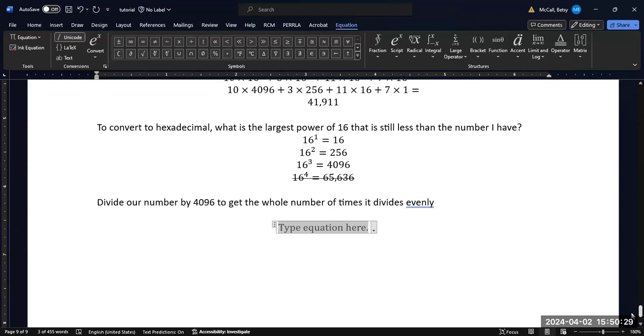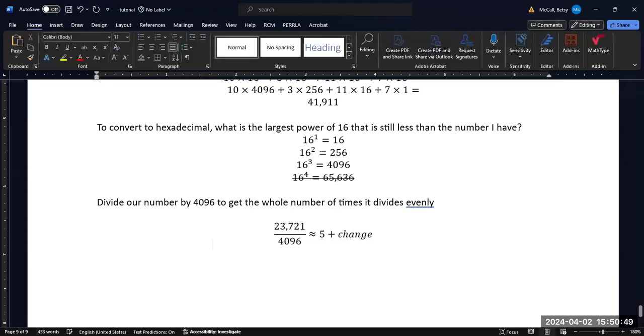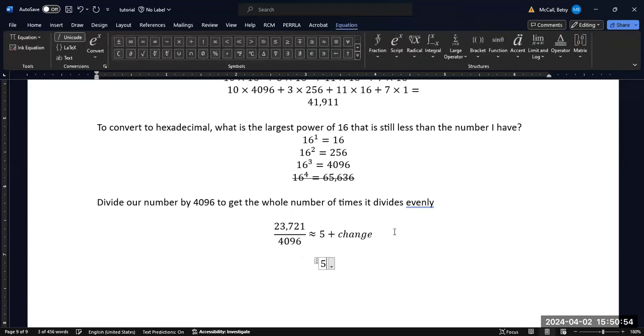We're going to divide that by 4,096. We're going to get 5 and change. So 23,721 divided by 4,096 is approximately 5 and change. So we know our number is now going to be 5 times 16 cubed plus some stuff.